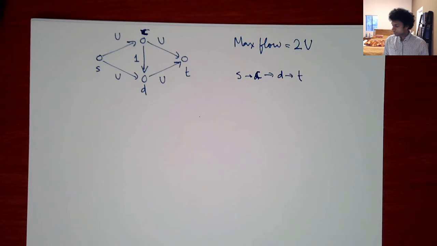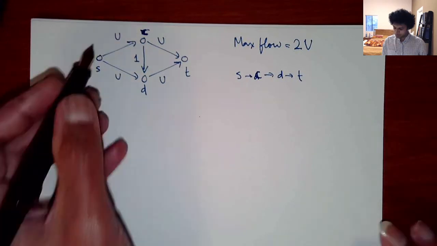Does that make sense? So how many units of flow can you send along that one path? 1 unit of flow, right?